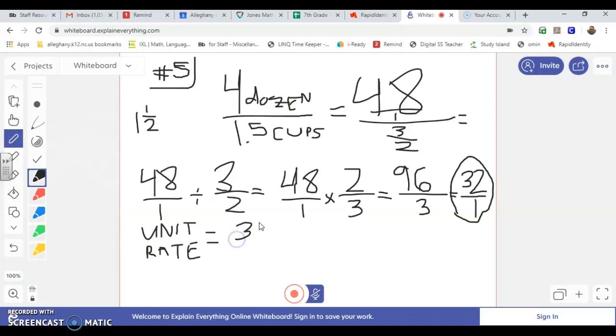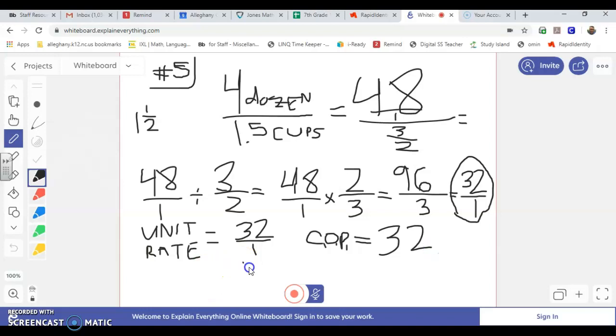So unit rate is 32 over 1. Your COP, constant of proportionality, is always the top number in the unit rate as long as it's over 1. And the unit rate always has to be over 1. So 32 is our constant of proportionality.